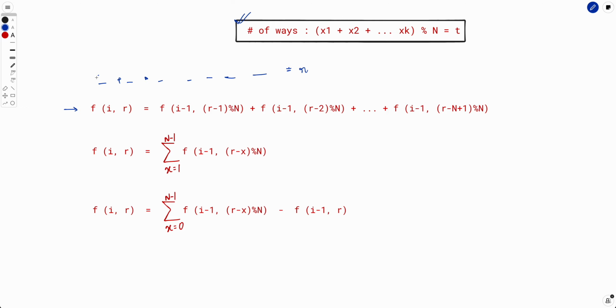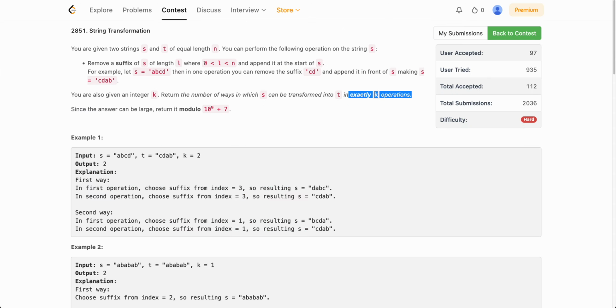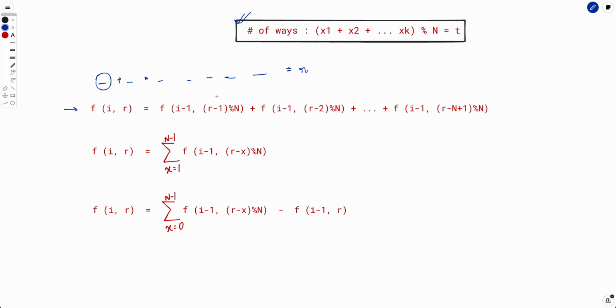Now what you can do is, okay, what will be the first number? First number could be anything between 1 and n minus 1, right? So first number could be either 1, 2, all the way up to n minus 1, right? So what is the value of F(i, r)? F(i, r) would be F(i minus 1, r minus 1 modulus n).